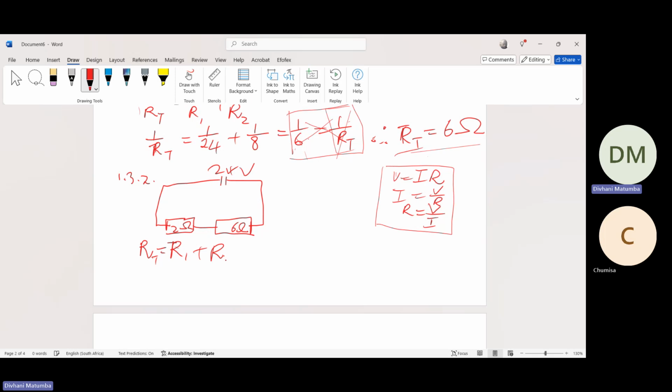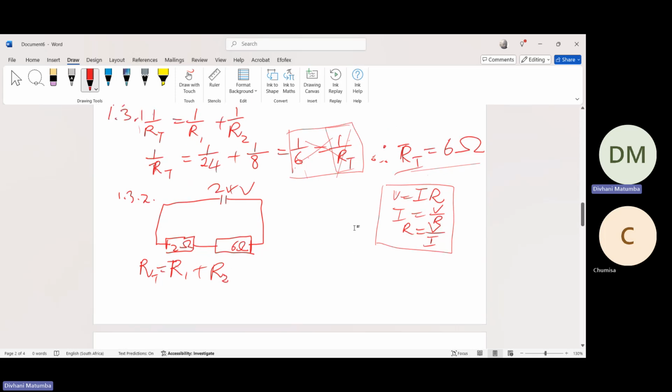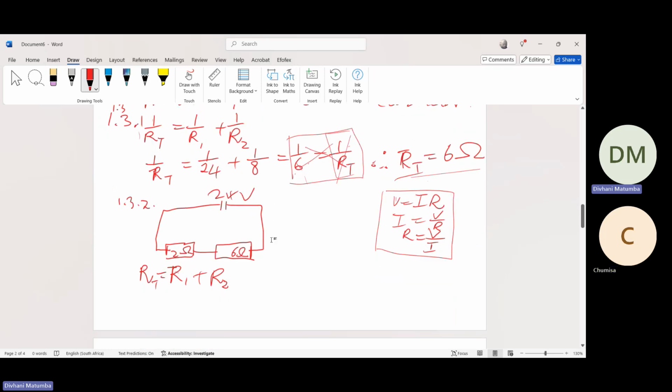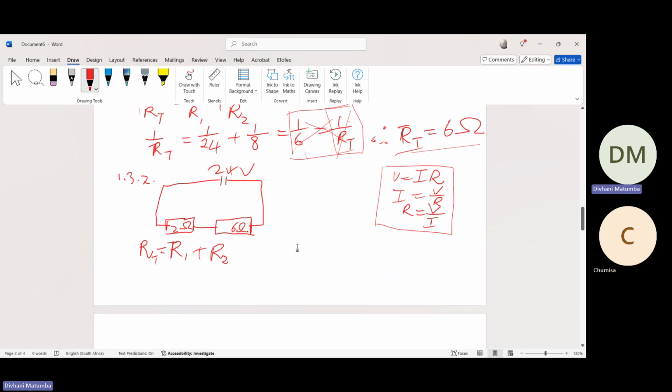So throughout your tests or exams, that's what you're going to be dealing with. First step, resolve your parallel resistance. After resolving it, you get a new circuit which is in series. Then to calculate the total resistance, you have R1 plus R2, which will be 2 plus 6. You agree? Yes, sir. We have 8 ohms total resistance.